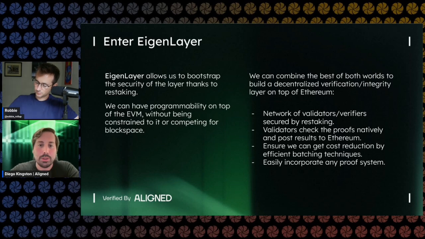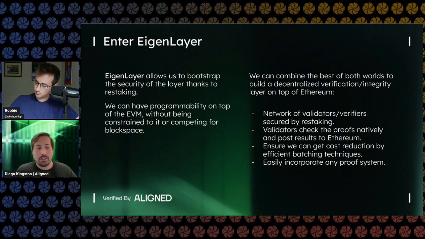Ethereum then verifies their signatures and everything, saying that the results are valid, and then Ethereum can update the states of those proofs. So what we can get is, for example, a cost reduction by having efficient batching techniques. We can create a task where we say verify these 1,000 proofs, and they verify the 1,000.